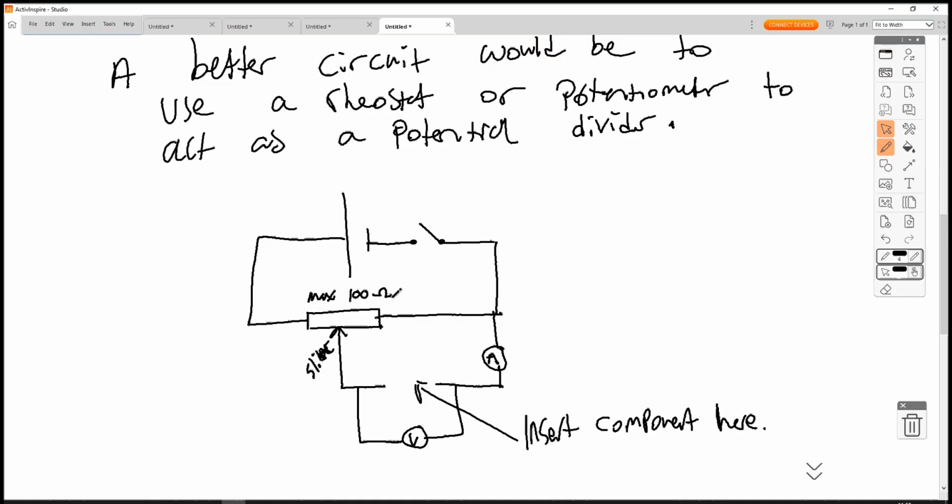And the final thing I want you to imagine, if we slide that slider all the way to the right, that means that our component now is not in parallel with our rheostat, but it becomes in parallel with this section of wire on the right of the rheostat. So the rheostat gets the full 6 volts. Our component is parallel with a wire.